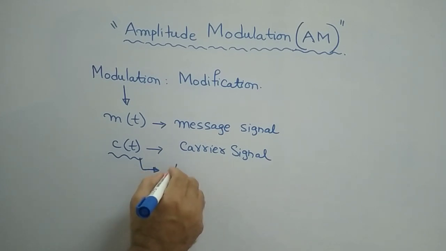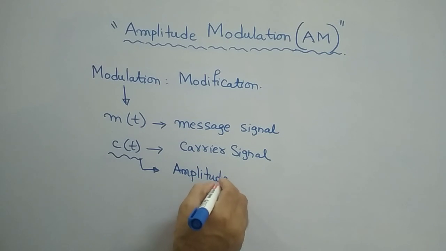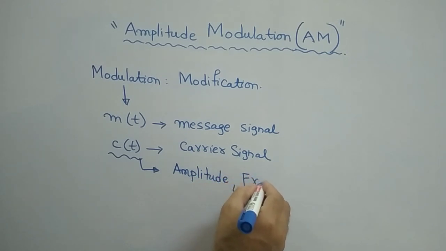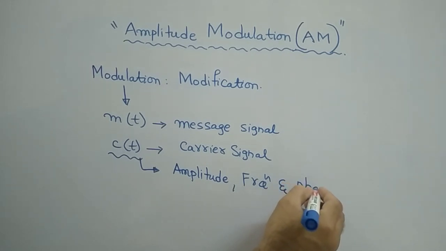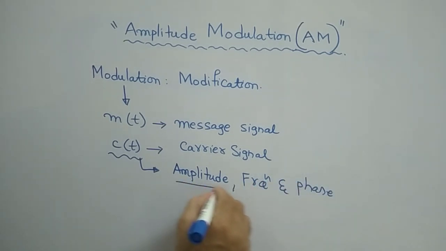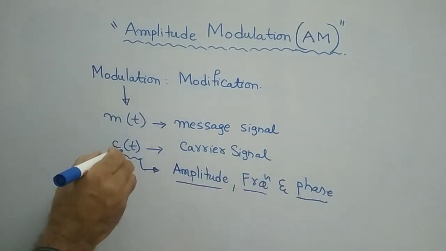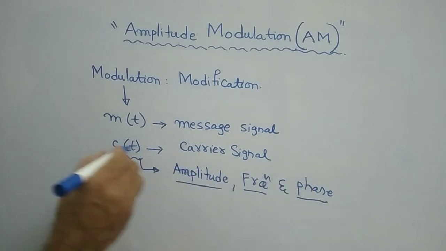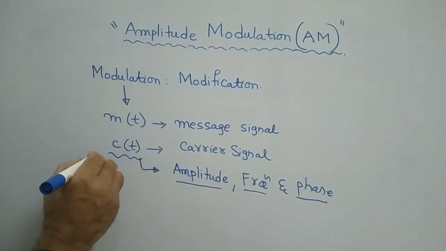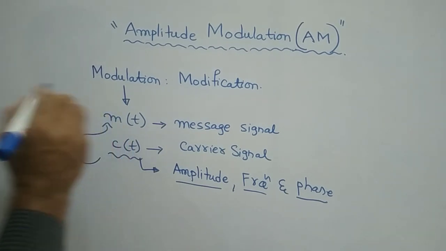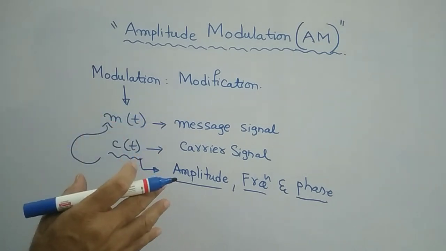Maybe amplitude, and then maybe frequency, or phase. These are the various parameters of the carrier signal. These parameters of the carrier signal can be varied in accordance with the instantaneous value of your m of t, the message signal. That is called the modulation, right?